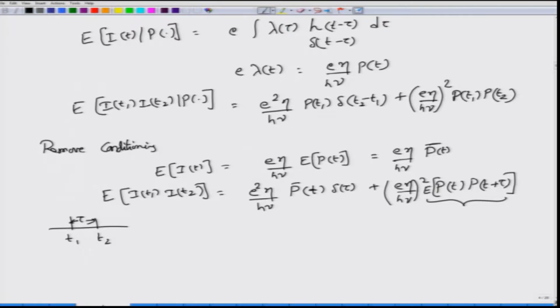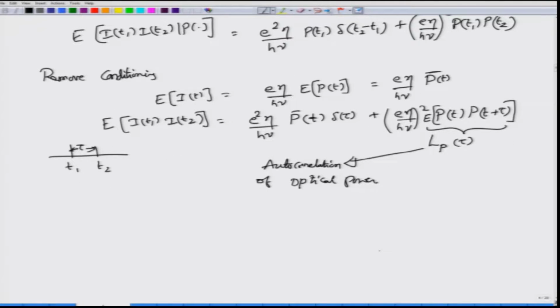Let us call this expectation Lp of tau, where Lp of tau is the autocorrelation of the optical power. Now, this is the mean we have, the autocorrelation we have, and we can find what is called the autocovariance of the photocurrent.